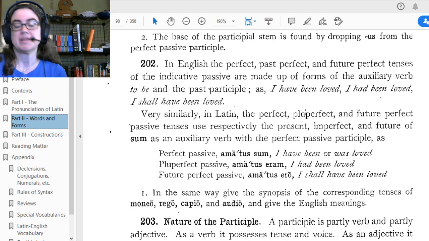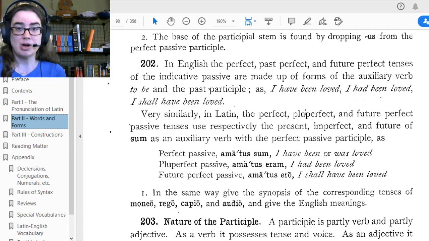Okay. So form-wise, not difficult. Conceptually, a little more tricky, because we're not used to Latin using a helping verb. And because it's different than English, it makes it tricky.